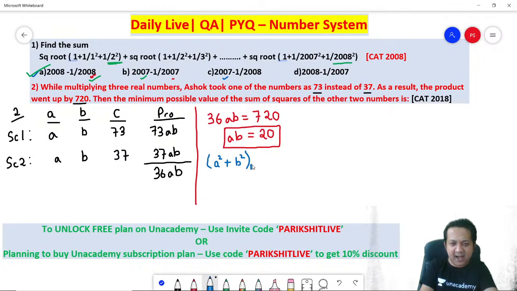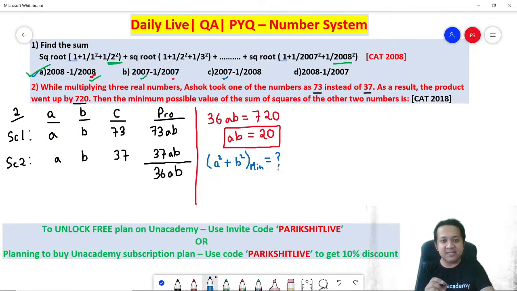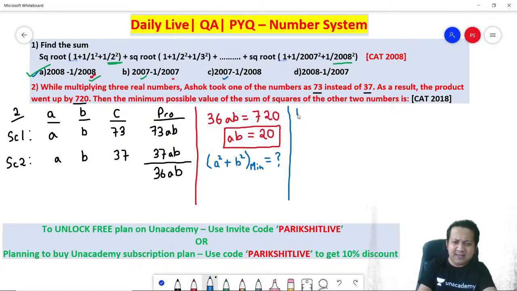So basically you are asked to find A square plus B square minimum, given that AB is equal to 20. Now think about it. You have to connect A square plus B square with AB. How do you connect? Is there a way? Yes. Recall what you know.